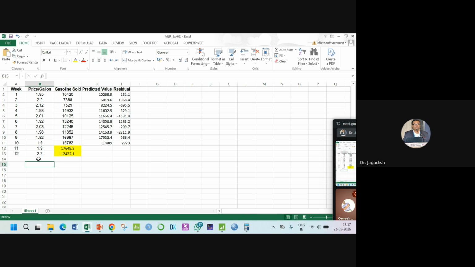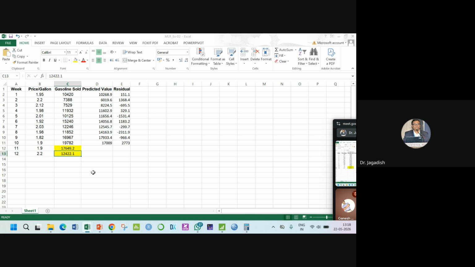When I increase the price in the 12th week, approximately only 12,422 is sold. Now you see the difference. As the price is increasing, the chance of selling is decreasing. That is also true in real practice: when the price increases, the selling of that particular fuel is also less. When the price is less, the selling will be more.